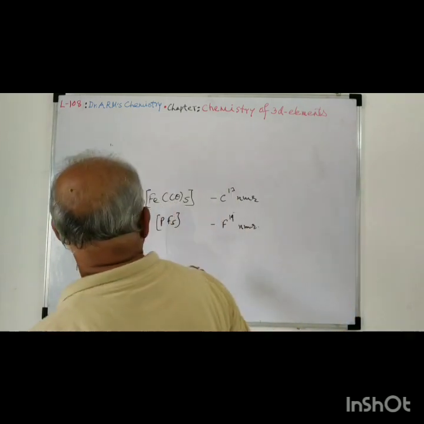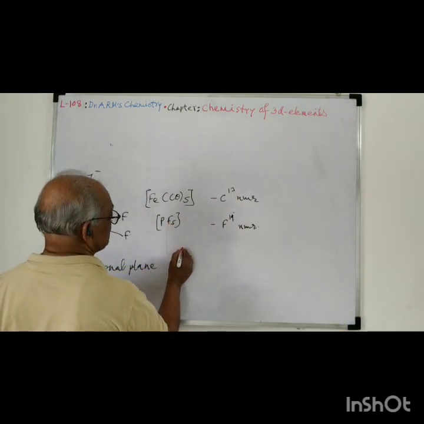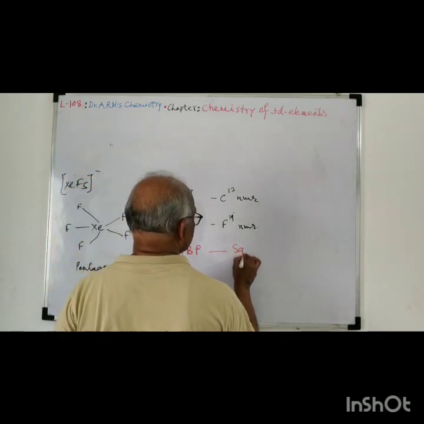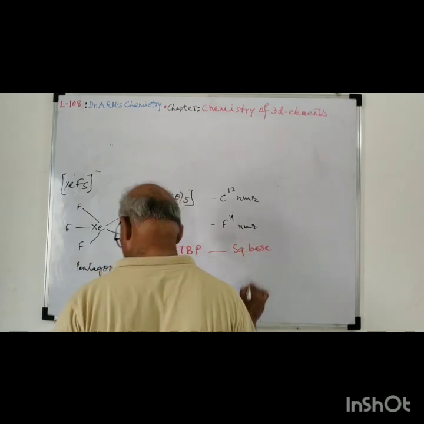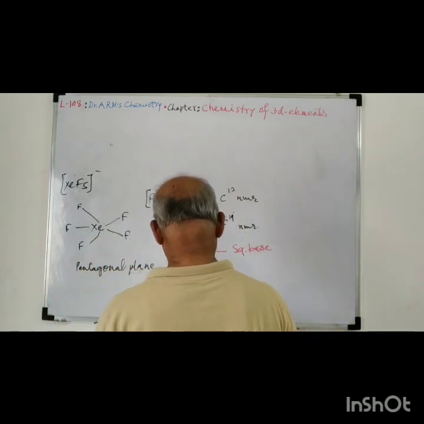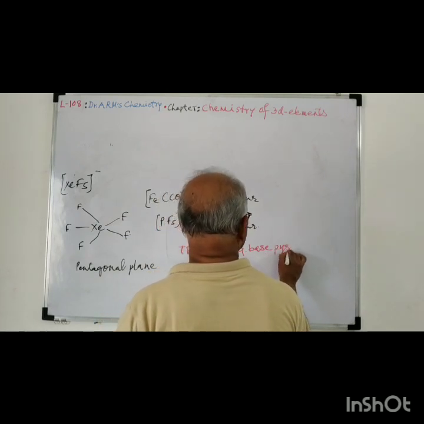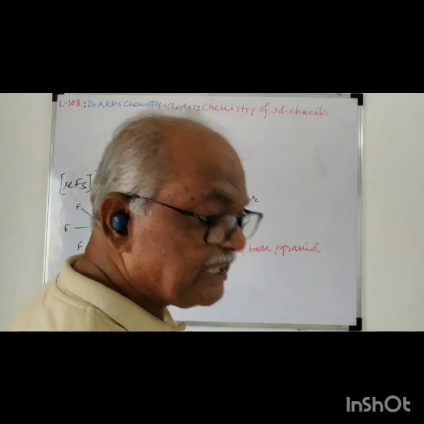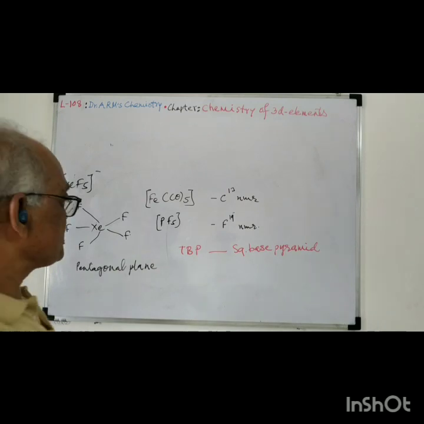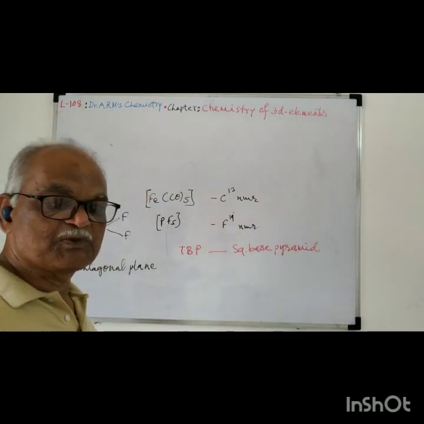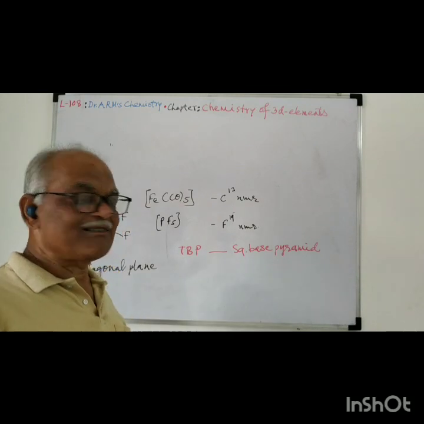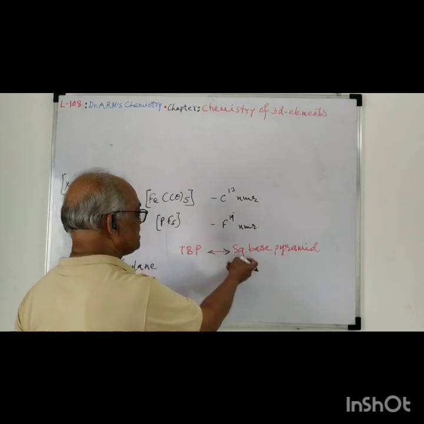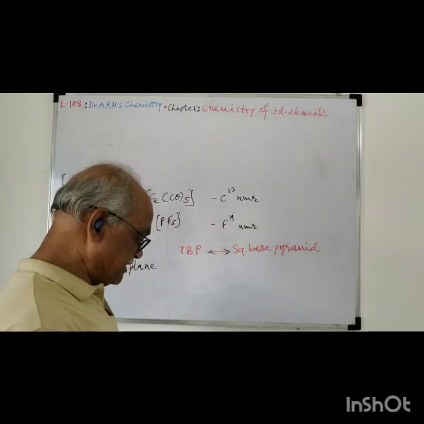Now, if the two structures, that is TBP structure and this square base pyramid structure, we know that their energy difference between them is very small, and because of this they are constantly changing from TBP to square base to again TBP structure.